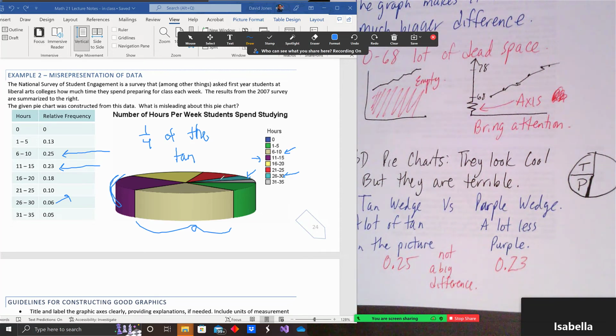The amount of real estate in the picture is a lot less than 1/4. 1/4 of the tan picture right here would be something like this, all this area right here. And instead we got this little tiny slender wedge. It's because we're looking at it from the side, so one side shows up better than the rest. So this is why at least the 3D pie charts can be very, very bad.